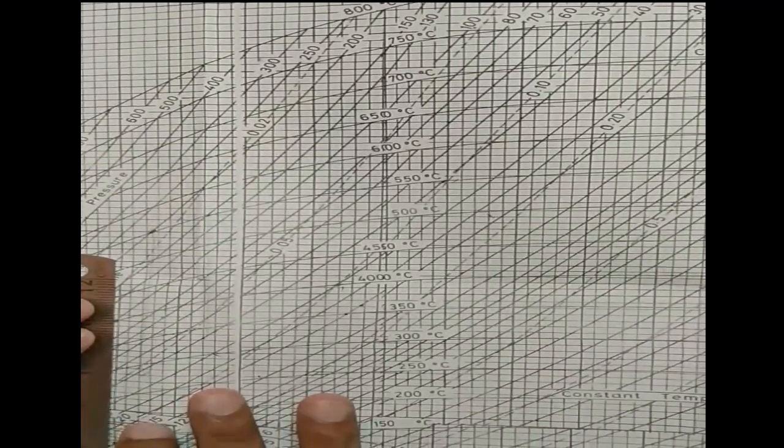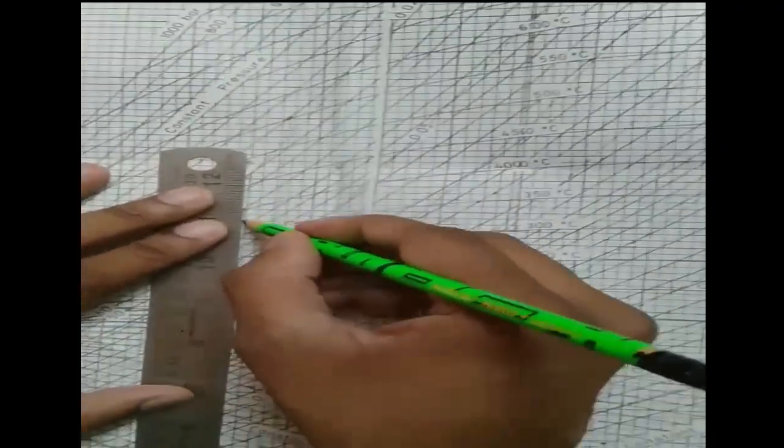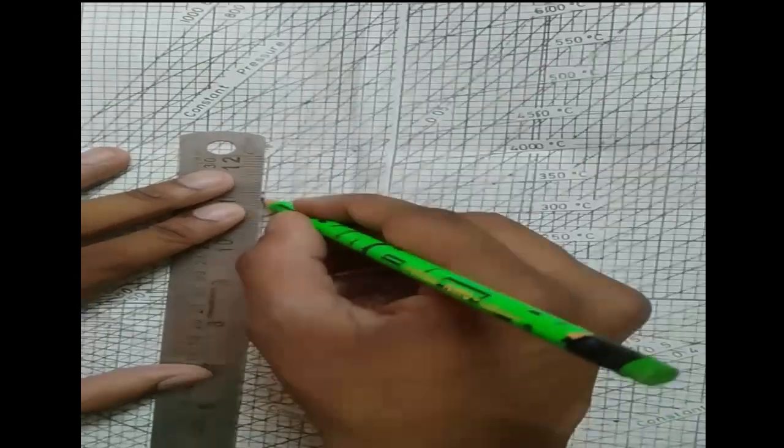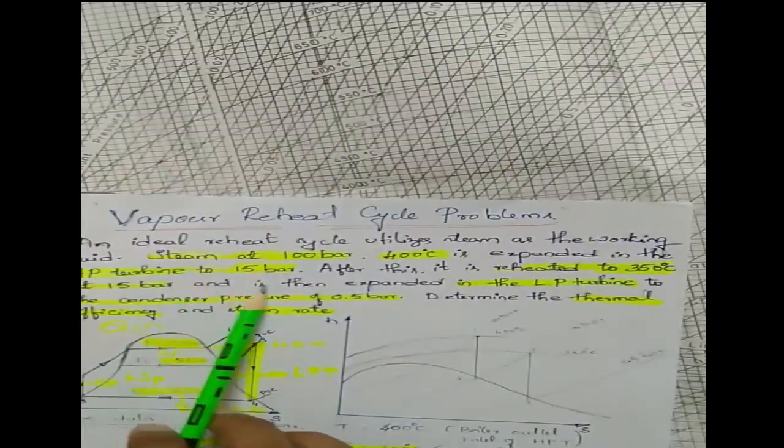Then from point number 1, I'll draw a vertically downward line. Up to where? It is given that it is expanded in the high pressure turbine up to 15 bar.